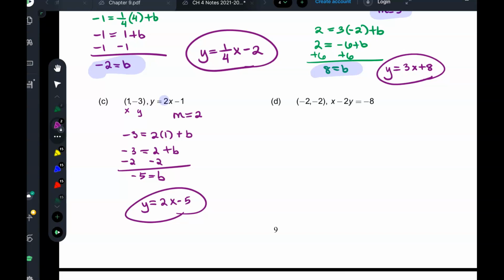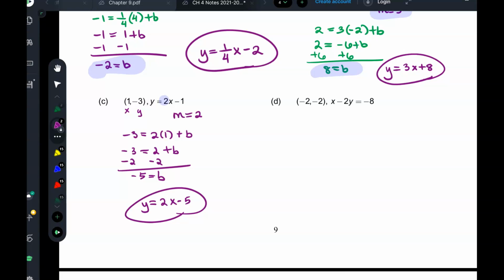Sure. Sam, where'd you go? Good. Did we get -5 for b? Ella, did you get -5? Yeah. Good. You see what you did? No, I put negative. Okay.